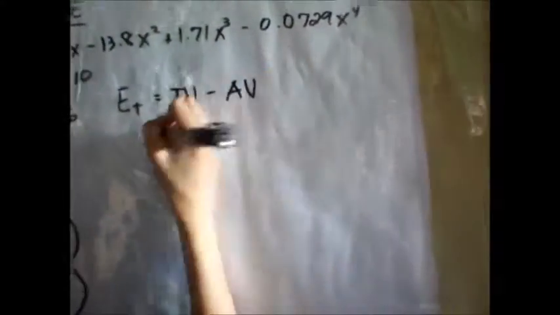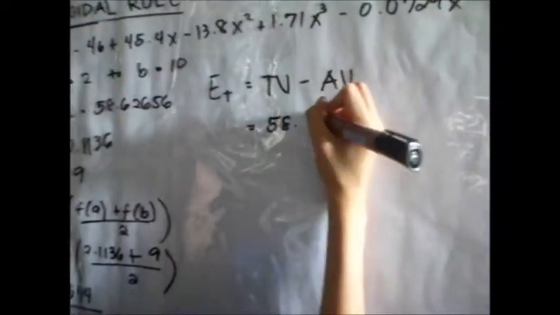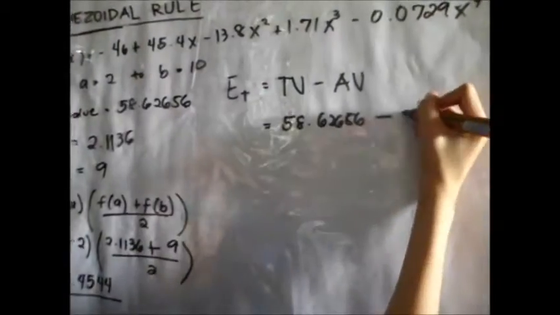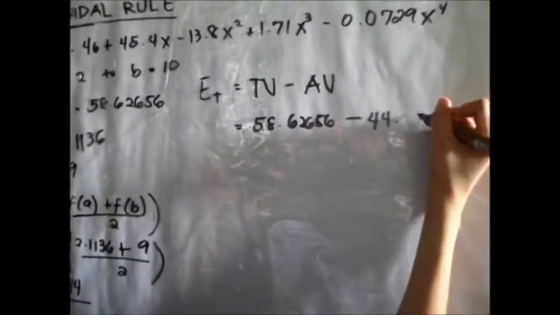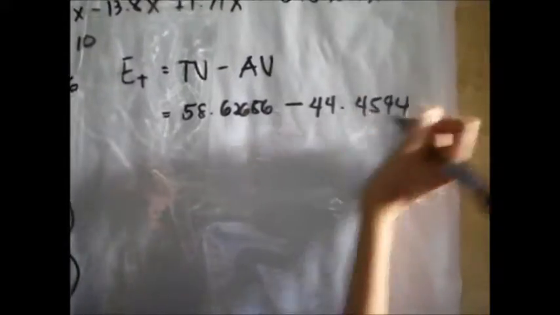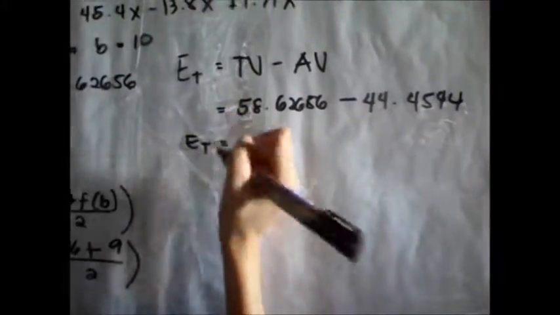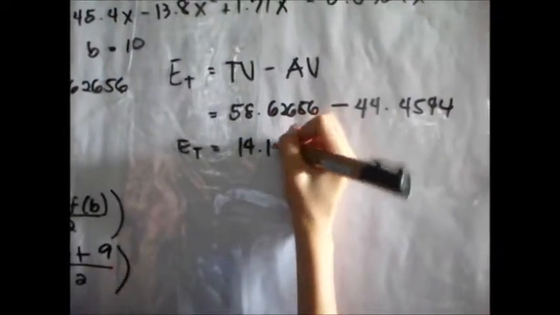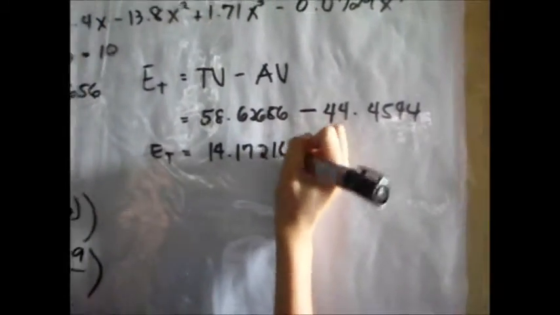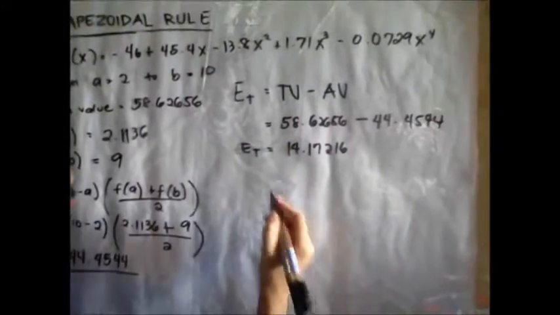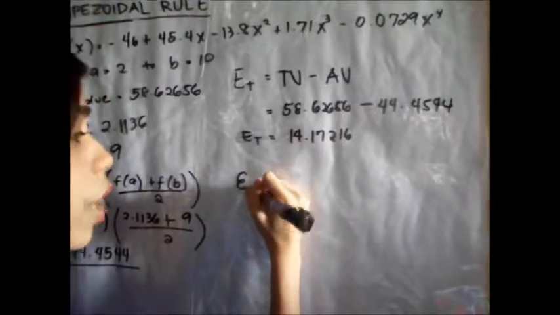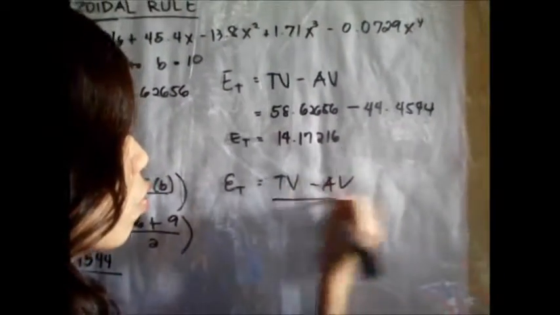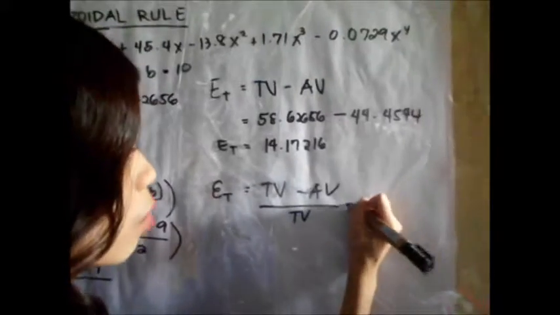By this value, we can get the true error using the formula true value minus the approximate value. So we have 58.62656 minus the value that we get from the formula. The true error is 14.17216, which corresponds to a relative true error of the true value minus the approximate value all over the true value times 100%.